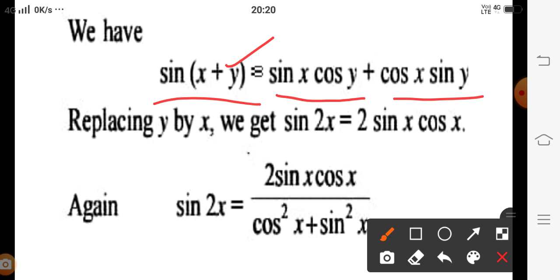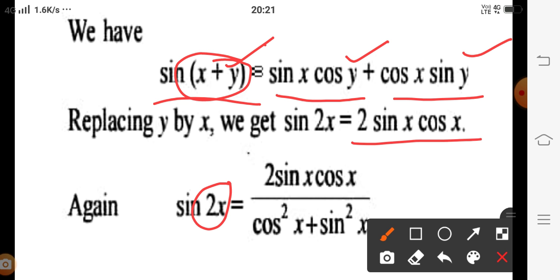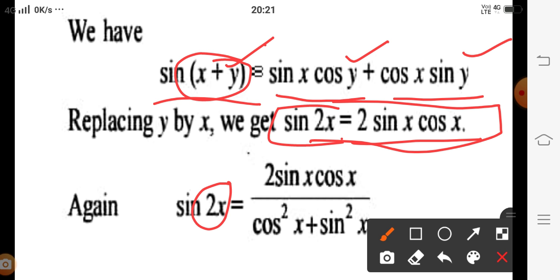And in place of y, if you are putting x, then we are getting x plus x as 2x. Then similarly in the right hand side also, in place of y, if you are putting x, then we are getting 2 into sin x into cos x. Now the value of sin 2x is equal to 2 into sin x cos x.